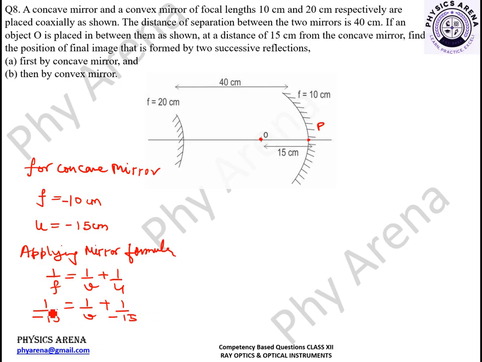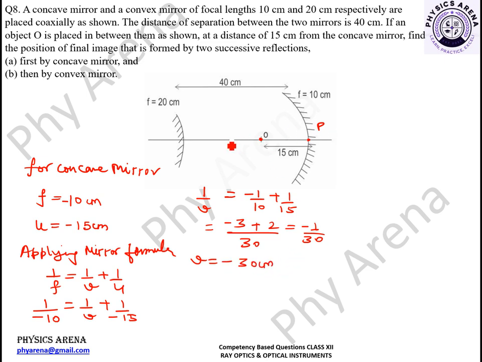This will go to the other side, and we can write 1 upon v is equal to minus 1 upon 10 plus 1 upon 15. We can take the LCM, 30. That will be equal to minus 3 plus 2, and it is minus 1 upon 30. So v will be equal to minus 30 centimeter.